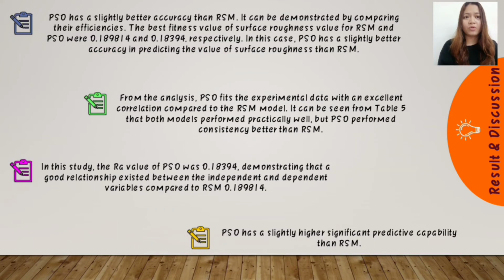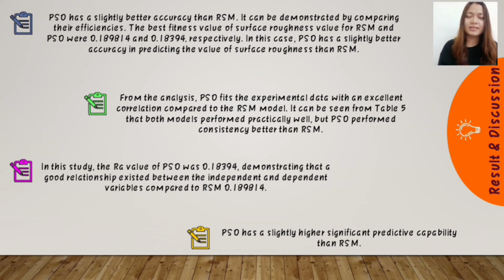The PSO has slightly better accuracy than RSM. It can be demonstrated by comparing their efficiency. The best fitness values of the surface roughness for RSM and PSO were 0.189814 and 0.18394 respectively.